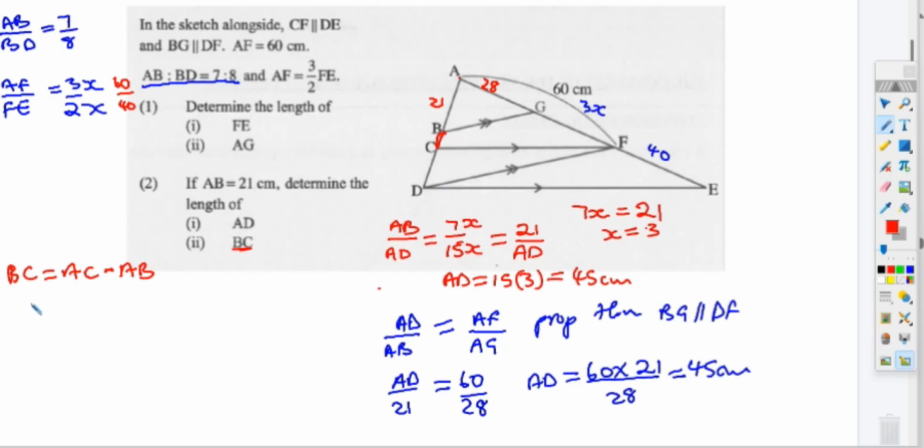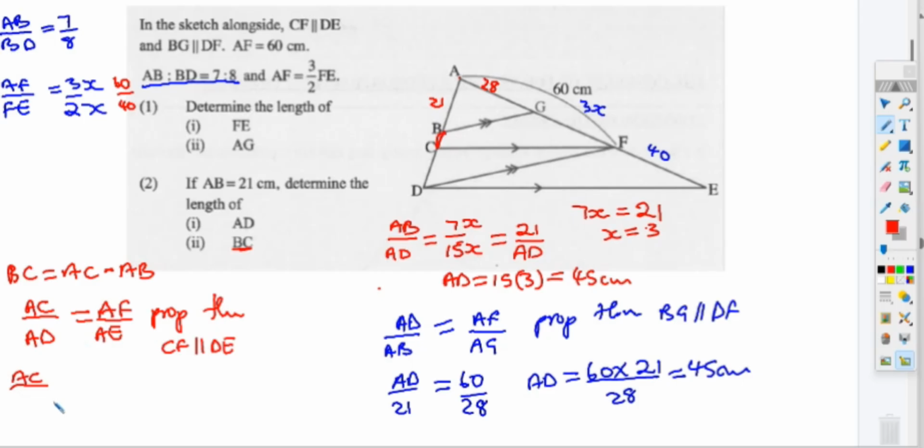You should notice that AC over AD, we do have AD, right? And that is equal to AF over AE, and our prop theorem with the parallel lines CF and DE, and then substituting there, your AC over 45.